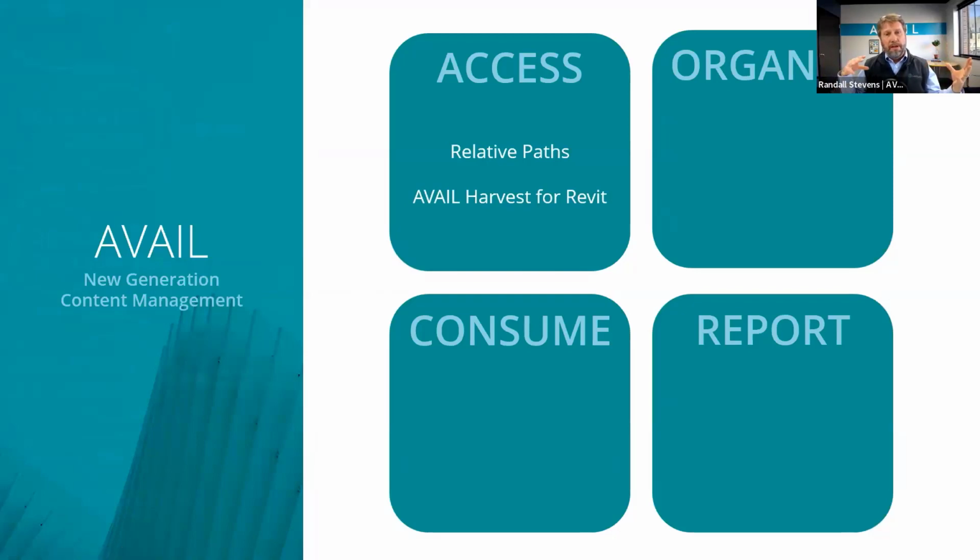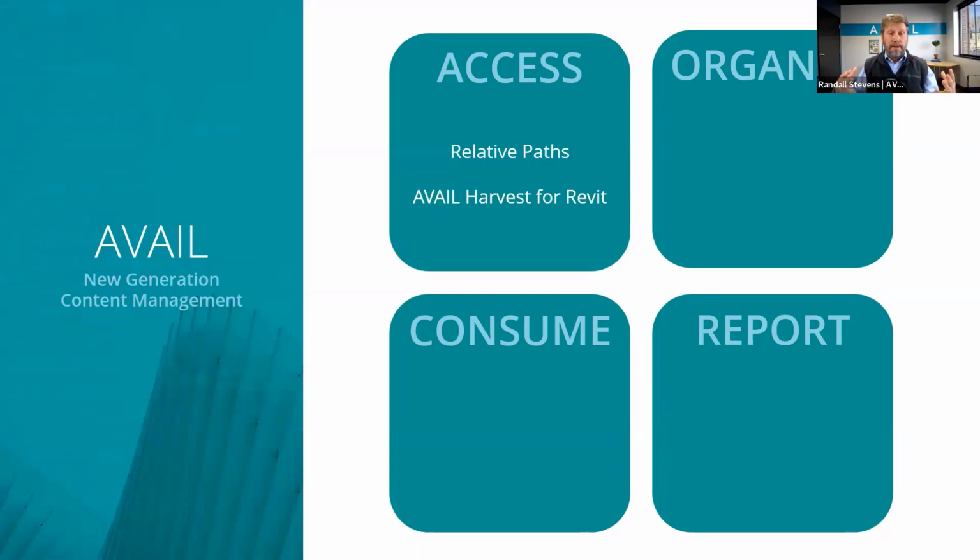But when you look back over the last year, about a year ago, we began releasing some new features. I'm not going to go into a whole lot of depth on these, but just as a refresher for everybody, we released a relative paths feature this past year, which helps coordinate and manage content being stored on something like OneDrive or SharePoint. We've solved some of the problems with the AVAIL platform about what it meant to get to that content through this relative paths feature.